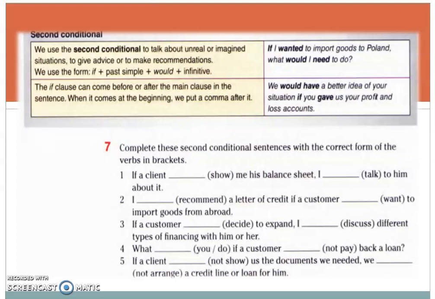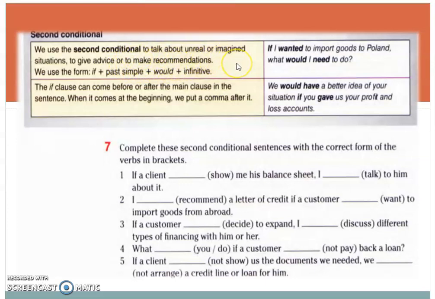This one is about language, grammar. So, we're going to learn the second conditional. How do we use this? Do you know what these are? Well, we use the second conditional to talk about unreal, not true, or imagined-in-your-mind-only situations to give advice or to make recommendations.